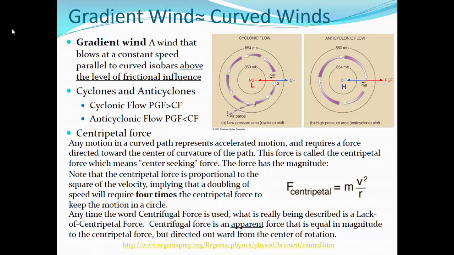Whereas around an anticyclone or the high pressure, the pressure gradient force is less than the Coriolis force. The deflection to the right is greater, and it turns the wind to the right. So a gradient wind is a wind that blows at a constant speed parallel to curved isobars above the level of frictional influence. And again, cyclones and anticyclones.